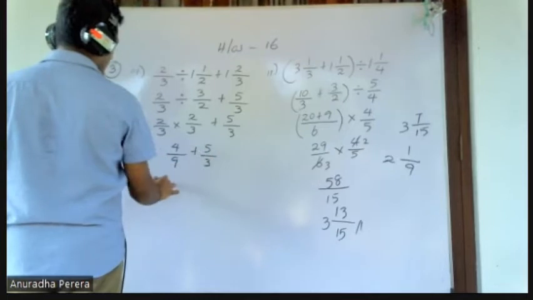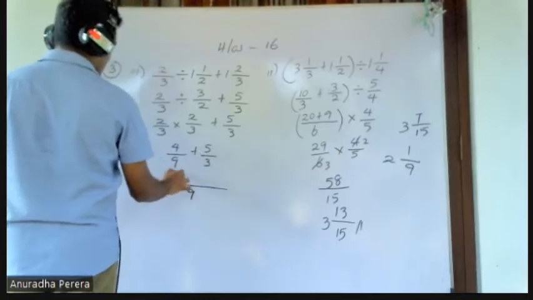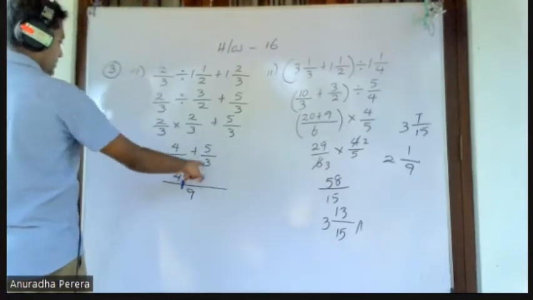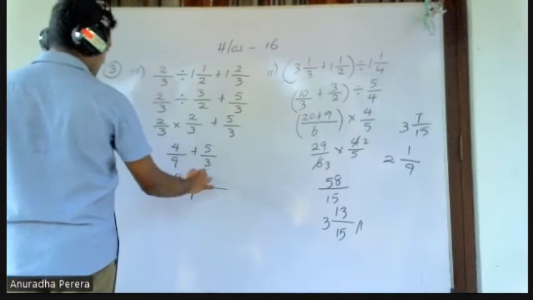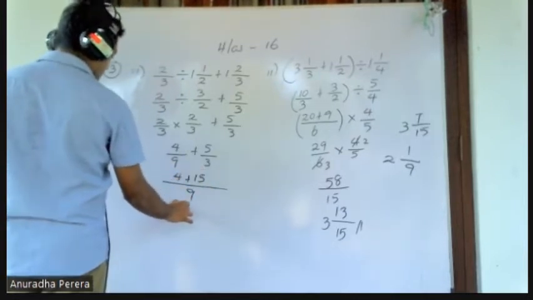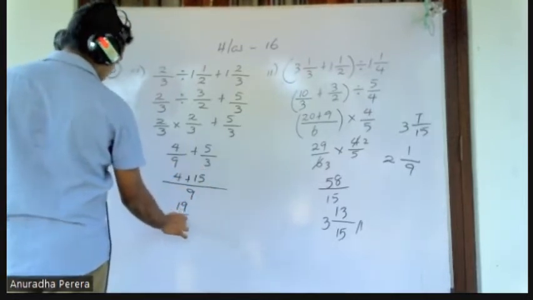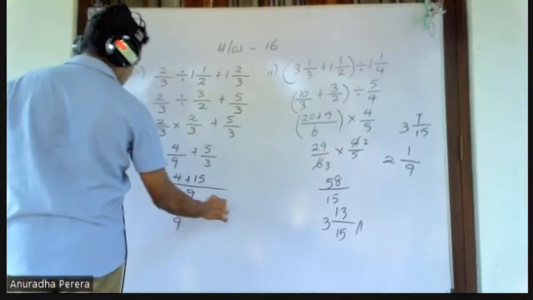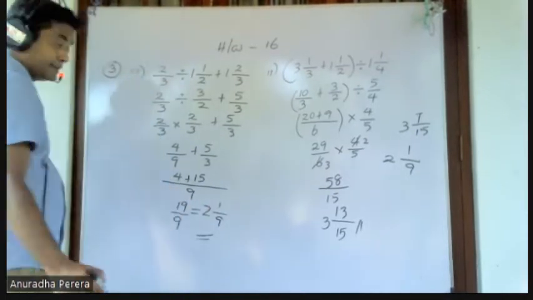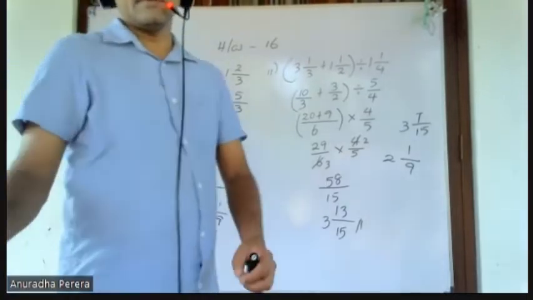The common denominator is 9. 9 over 9, 1 into 4. 9 over 3, 3 into 5, 15. 19 over 9. Yes. 2 1 over 9. This is the answer. Correct. Very good.